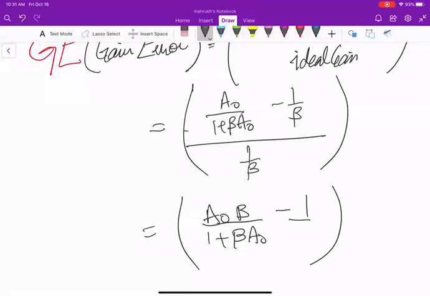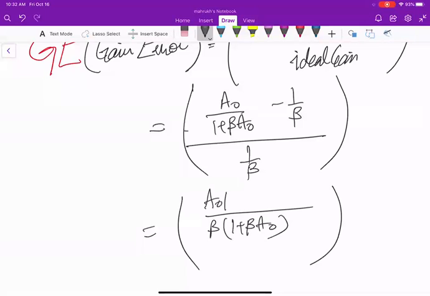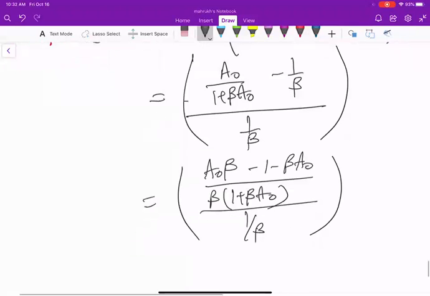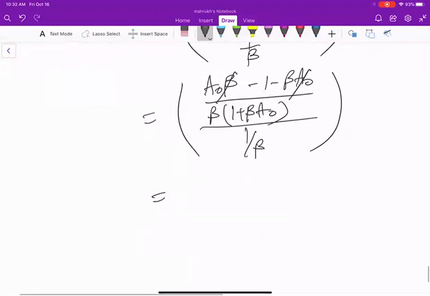Let's try to do it this way. So it could be (A naught beta minus 1 minus beta A naught) over (1 plus beta A naught), times 1 by beta. So the beta A naught terms will cancel with each other.